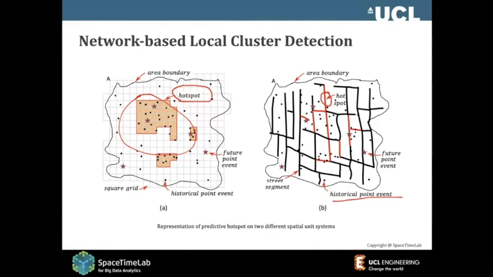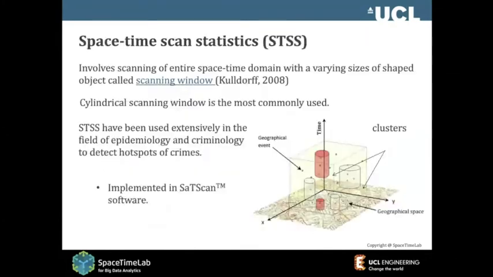This is two-dimensional. But if we talk about space and time, we know this one. Space-time scan statistics have been used widely to capture clusters in space and time. What it does is use a cylinder scanning from small size to big size, and equally from small size in time to larger in time.